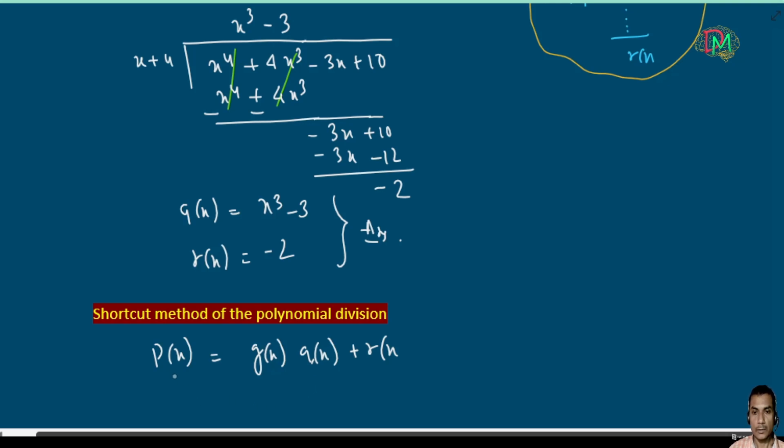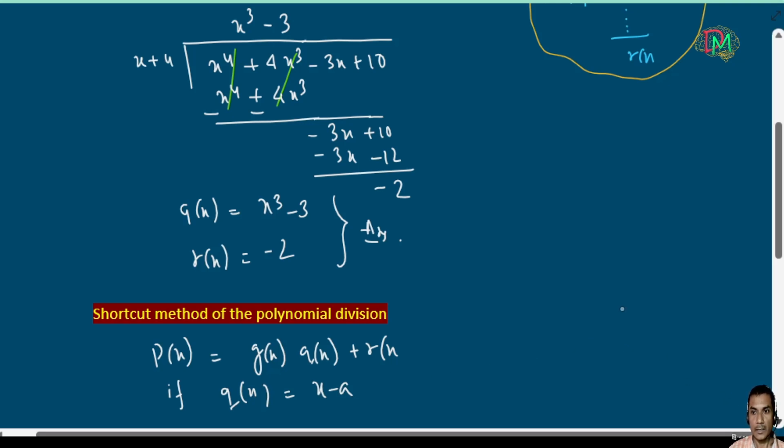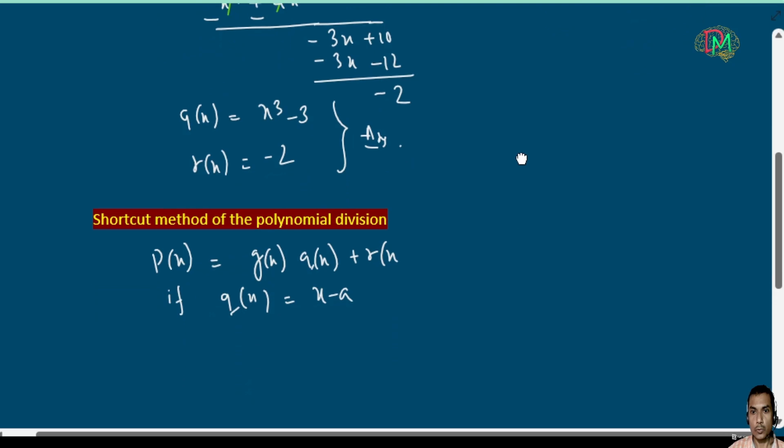Qx is the quotient. Now if the divisor is x minus a, two scenarios can happen.